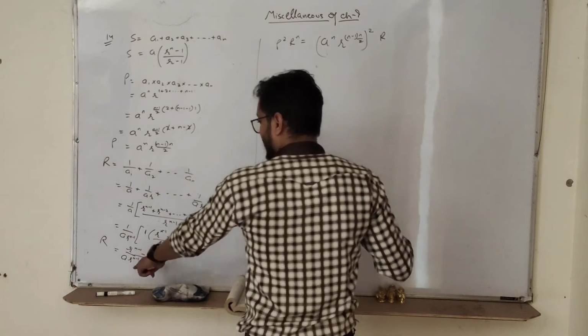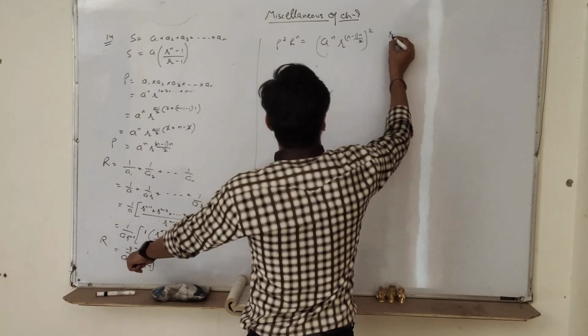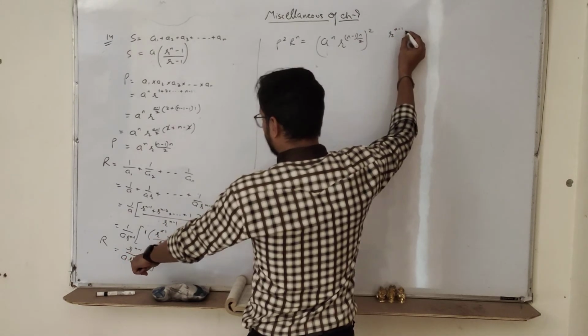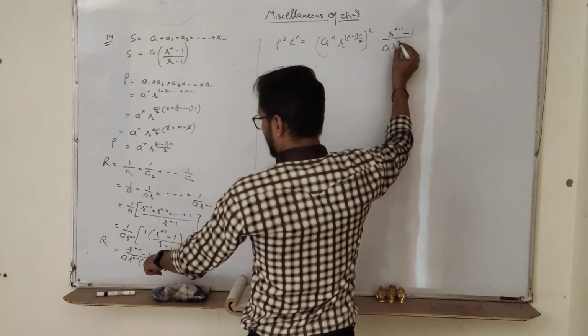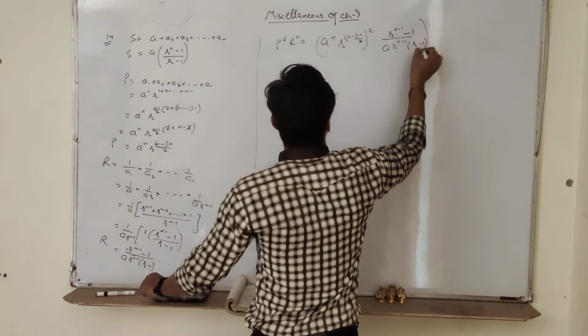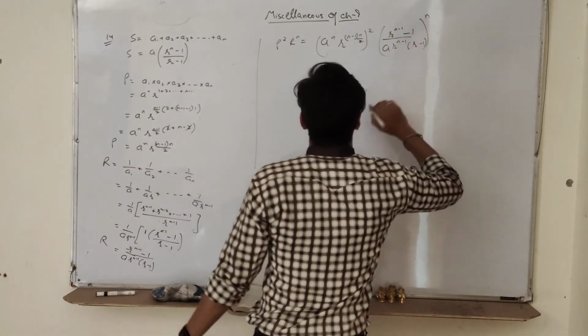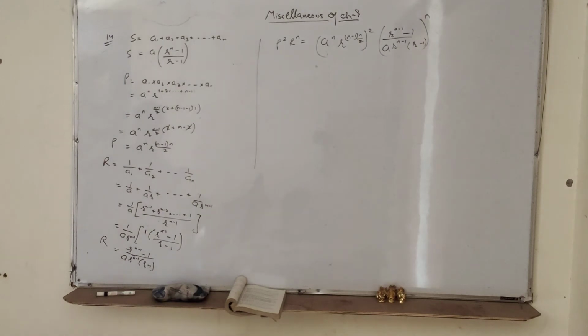So R raised to the power n means R n minus 1 upon A R n minus 1 R minus 1, whole power n, right? So this we have so far.